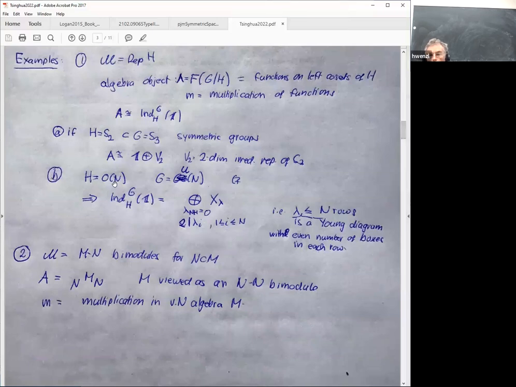Yeah, this condition that 2 divides the number of boxes in each row appeared also in this induction in the algebra for the module category corresponding to the subgroup O_N of U_N. So this should be related.